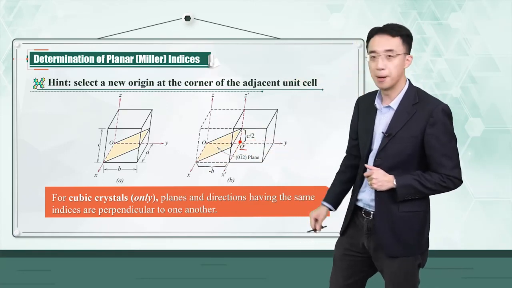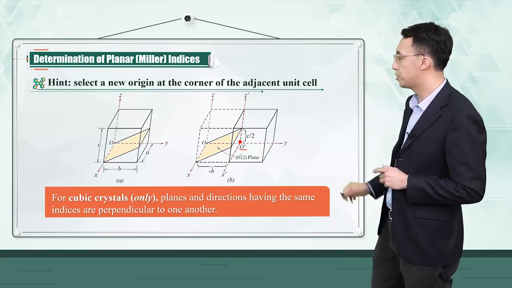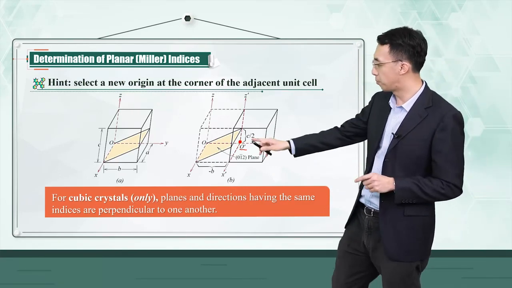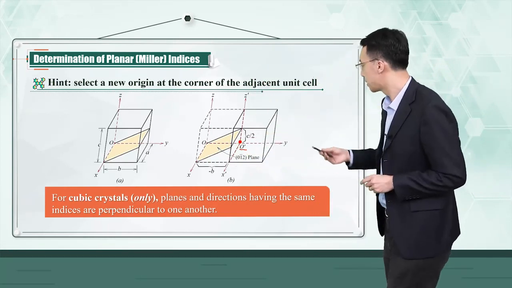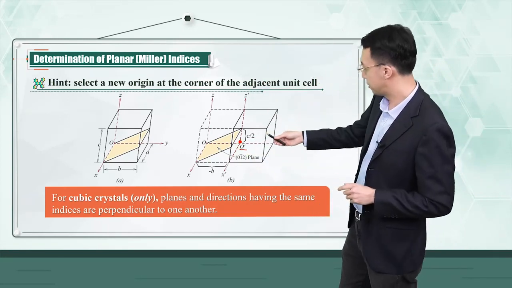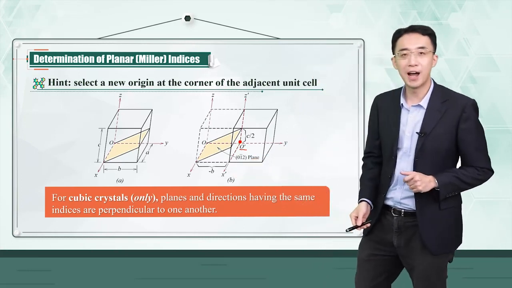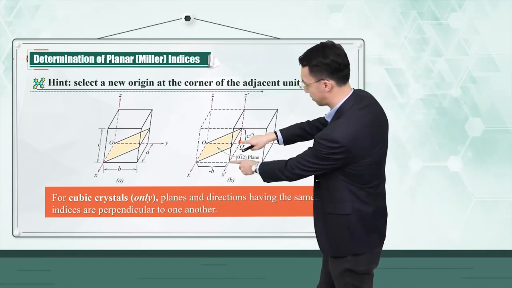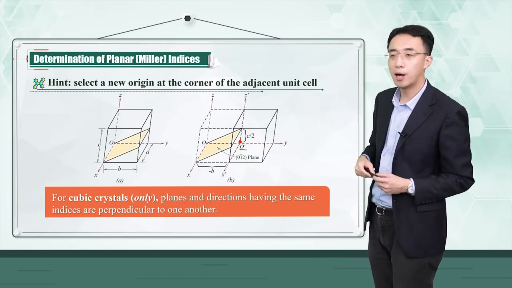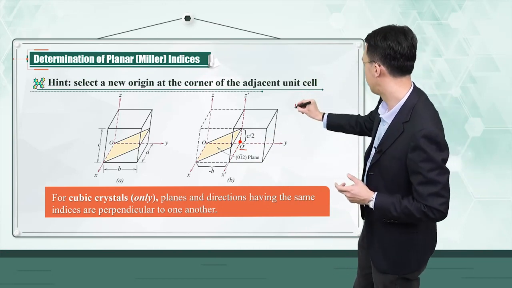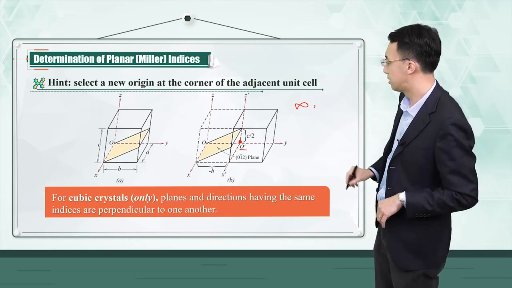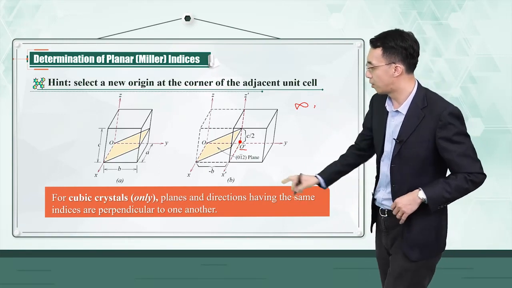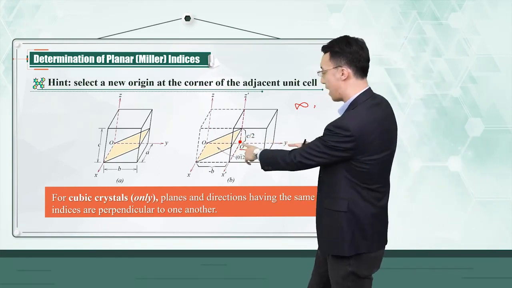And then you just determine the indices of this plane in this new coordinate system with the origin of O prime. And then by definition, you need to find the intercept of this plane with the x, y, z axes. Because this plane is parallel with your x-axis, right? Your x-axis is here, so the intercept would be infinity. And secondly, find your intercept of this plane with your y-axis, right?